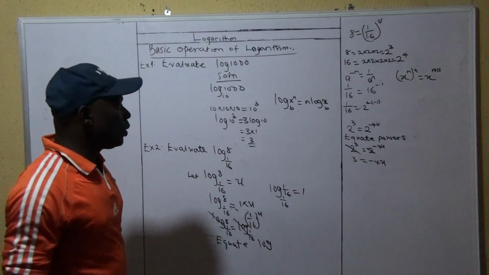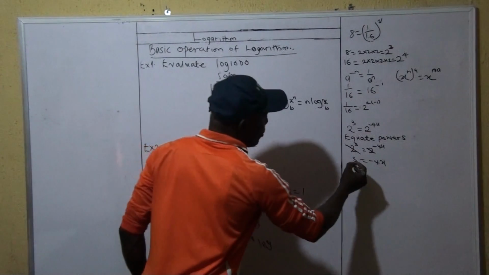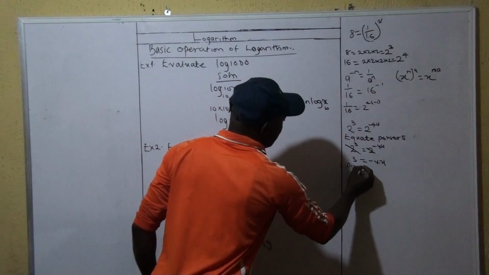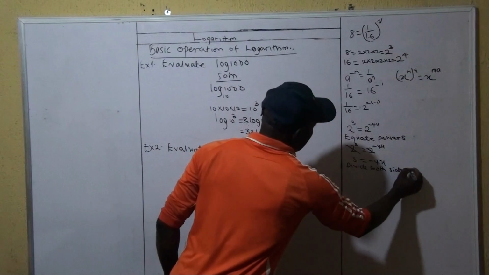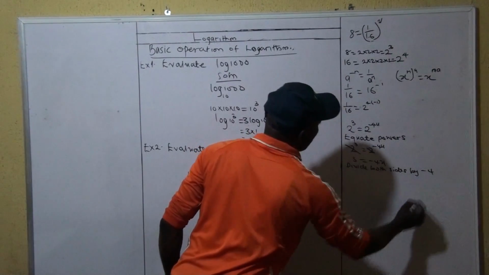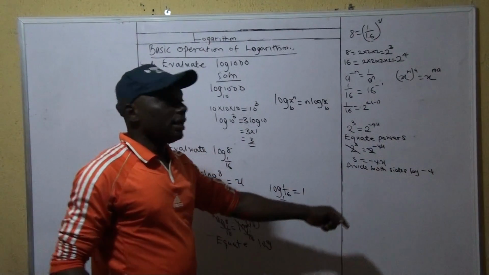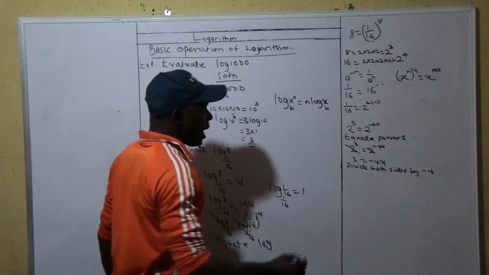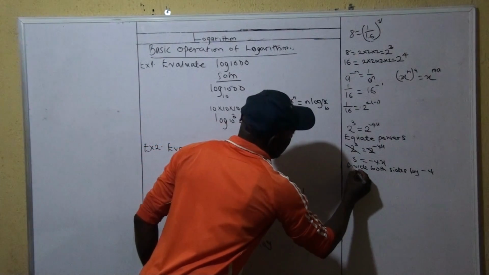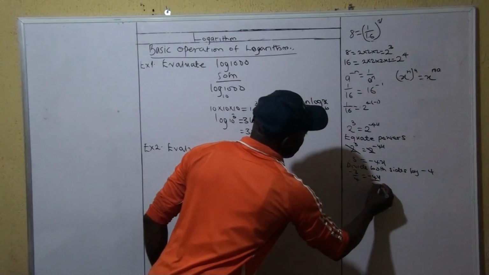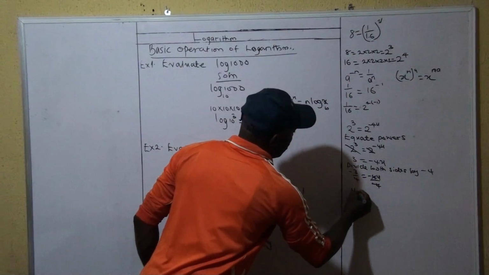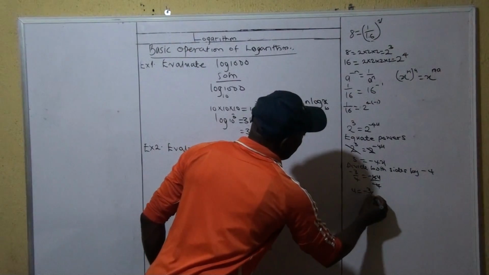So our u, if we divide both sides by minus 4, or you say multiply both sides by the reciprocal of minus 4, this will give us minus 3 over 4 is equals to minus 4u divided by minus 4. So that your u is equals to minus 3 over 4.